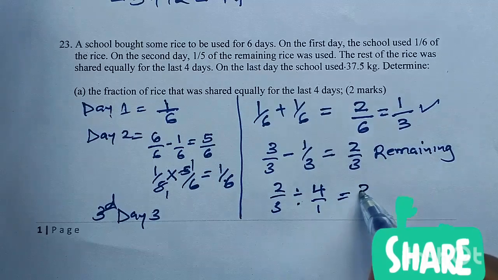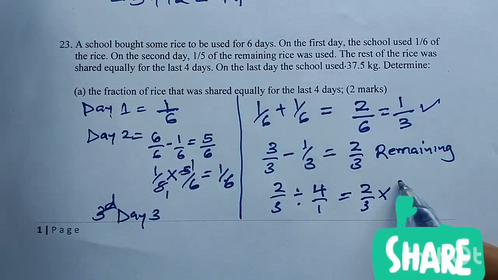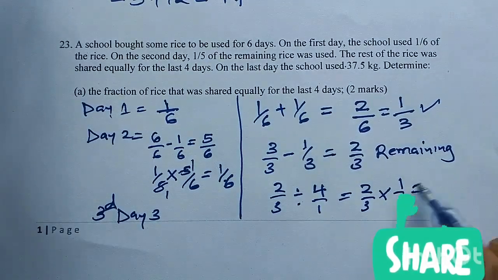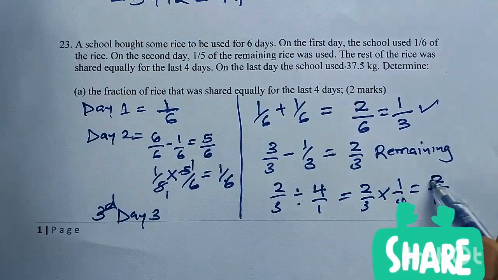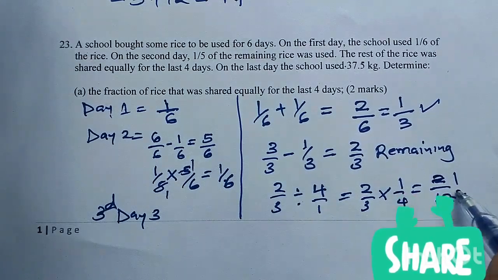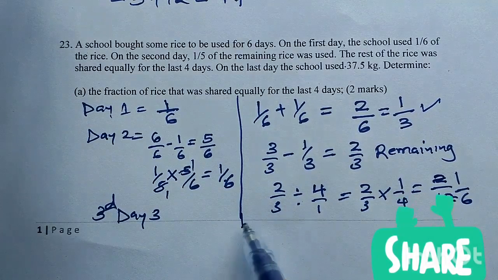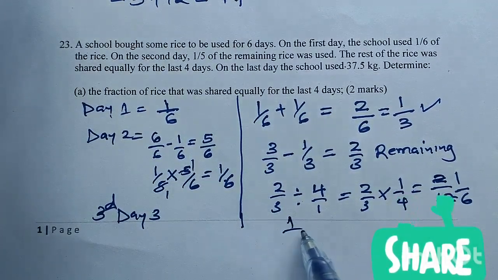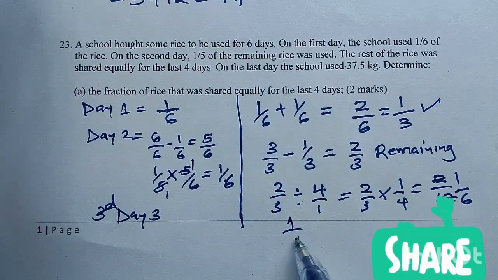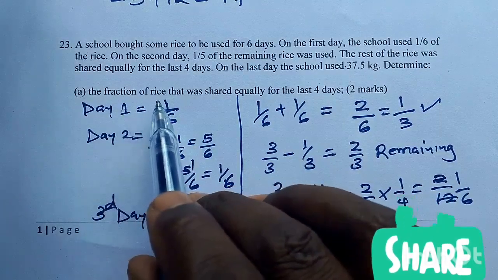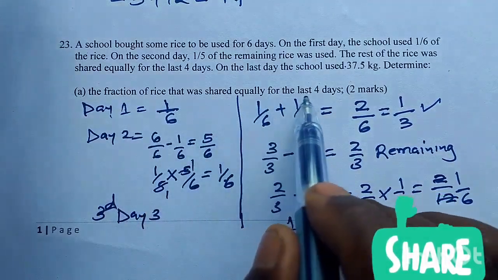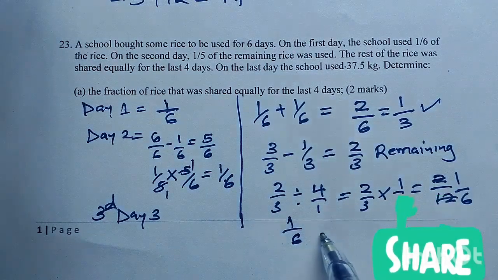This is the same as 2/3 times 1/4, which is 2/12, 2 ones, 2 6. So each day from the 3rd day to the 4th day, they will take 1/6. So the fraction of the rice that was shared for the 4 days is 1/6.